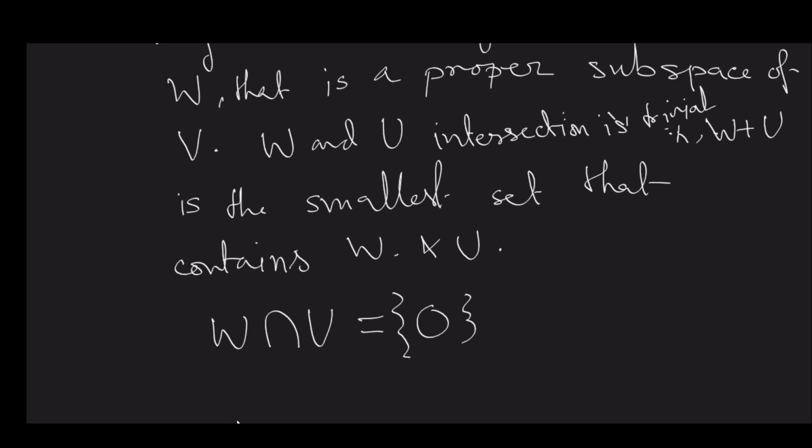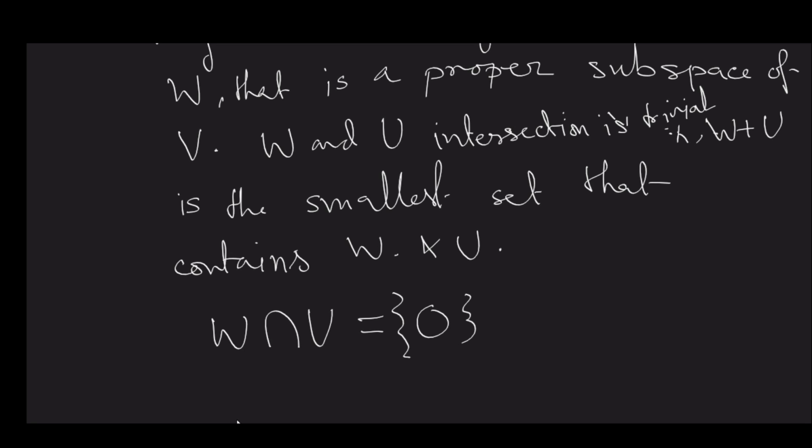So you need an additive identity, and as both are subspaces of the original space V, you cannot have two different definitions of vector addition and scalar multiplication for W and U. So it is obvious that both of them have to share the same additive identity, which is 0.